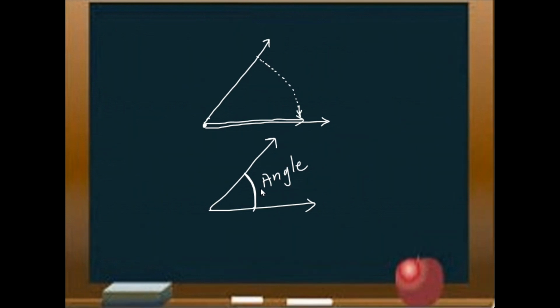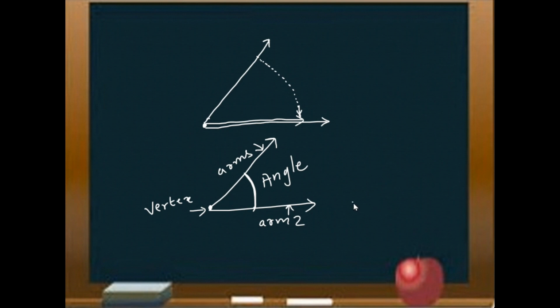For this angle, we have a vertex or the origin, which is this, and these two rays are nothing but the arms of the angle. So this is the vertex and these are the arms of the angle, arm 1 and arm 2. Now how is the angle labeled?